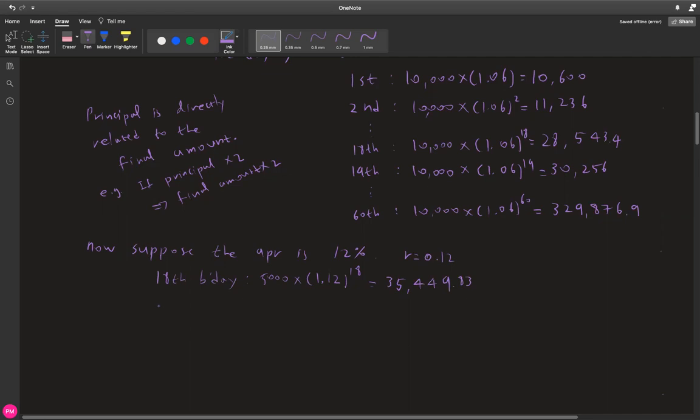And on your 60th birthday, you'll have $5,000 multiplied by 1.12 to the power of 60. And that should be 487,984.67.